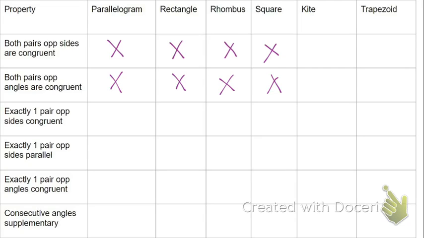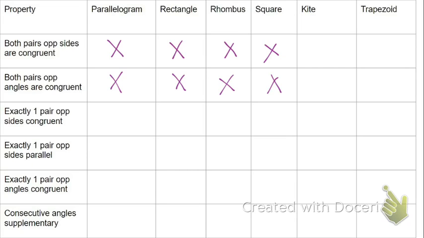Exactly one pair of opposite sides congruent. Well, that's not going to be true for any of the parallelograms because we have both pairs of opposite sides congruent. That's not true for a kite because none of the opposite sides are congruent in a kite.